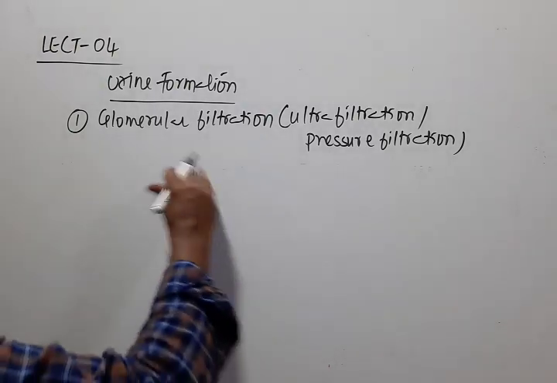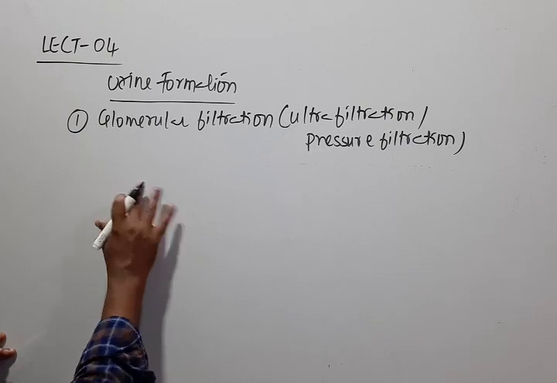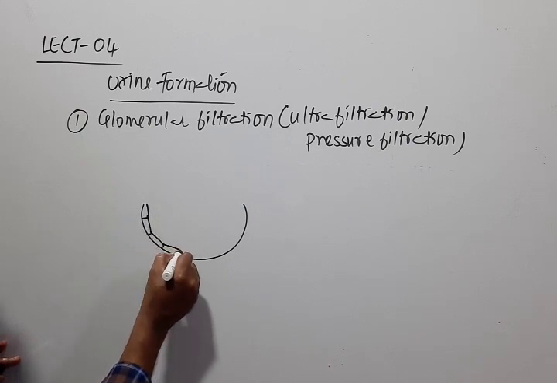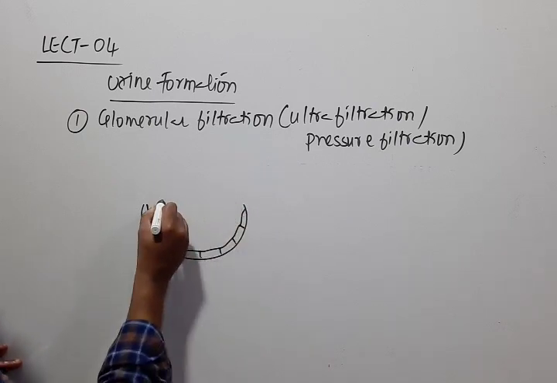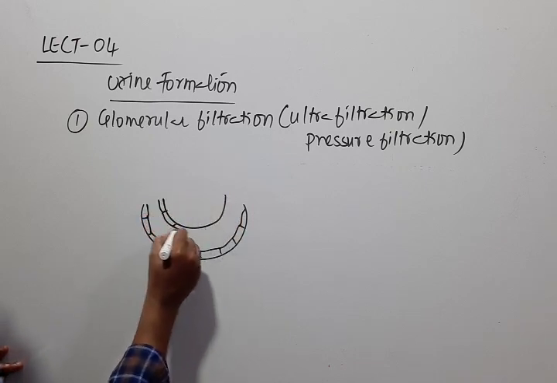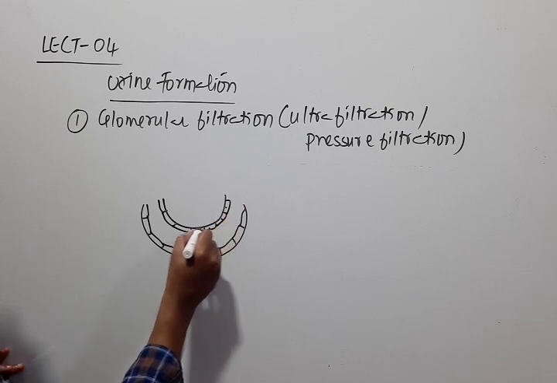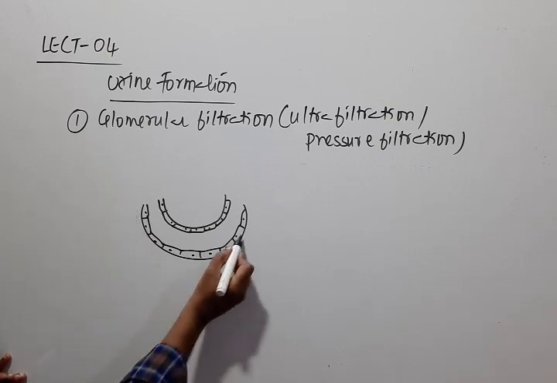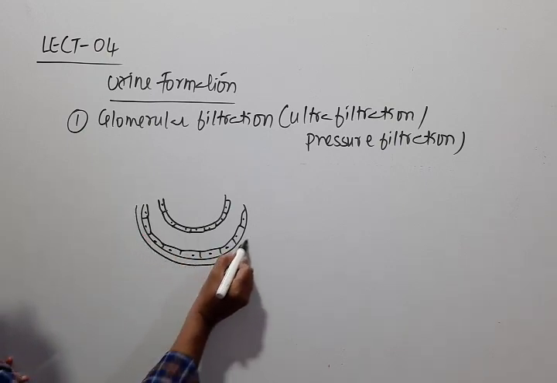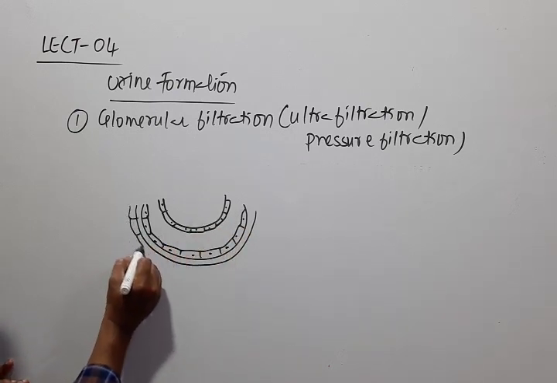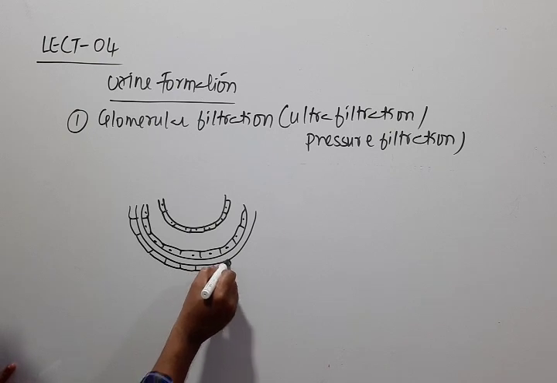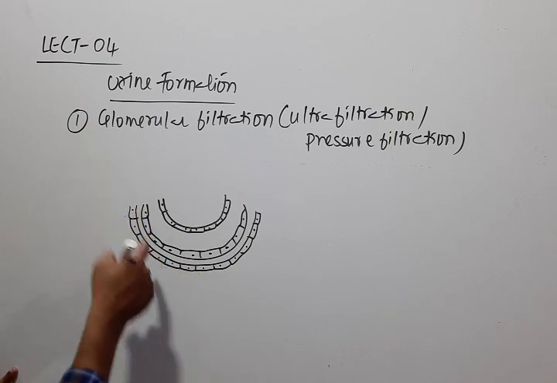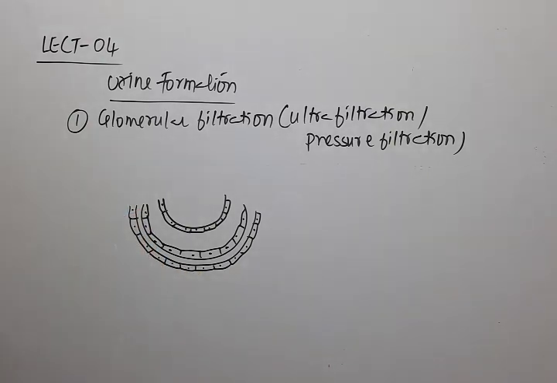Right. So here in the Bowman's capsule, already we know this is the endothelium of a capillary, through which the blood is flowing, and below that you have a basement membrane, and then the next layer is the epithelium of Bowman's capsule. The cells of this epithelium are what we call podocytes.